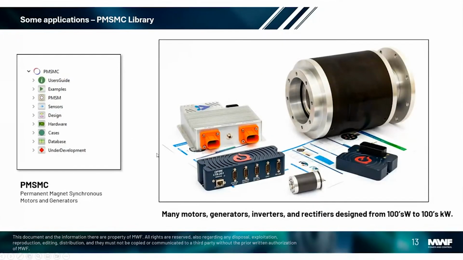Now let me talk about the PMSMC library. PMSM means Permanent Magnet Synchronous Motors, and C stands for control. The main objective of this library is to serve as a toolkit to design and verify controls for motors and generators.